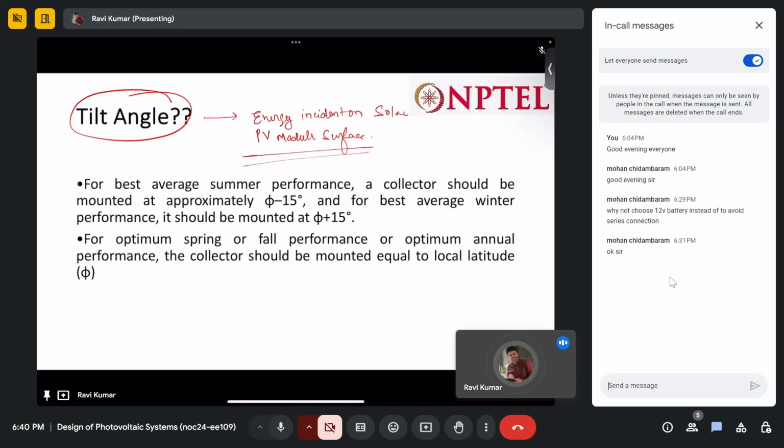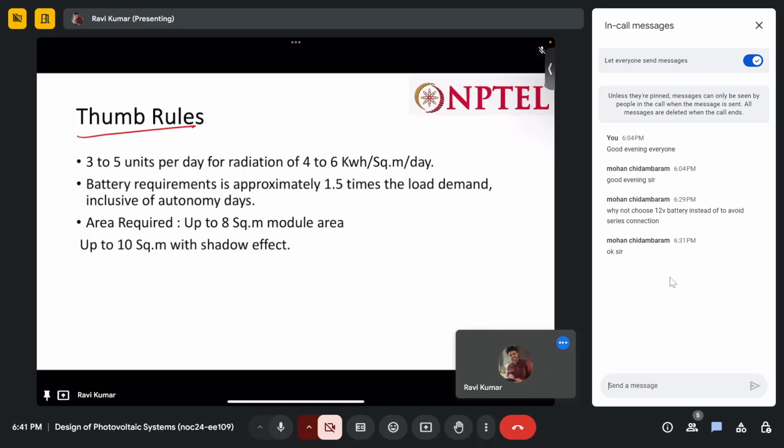Yes. So from this exercise, we have a simple thumb rule. If there is 4 to 6 kilowatt hour energy per square meter per day, then we will only be able to generate 3 to 5 units per day. This 3 to 5 units means 3 kilowatt hour to 5 kilowatt hour. This is a thumb rule, like from the basics, without doing any calculation, you can say these things.